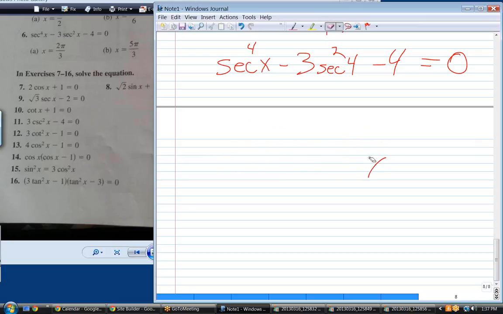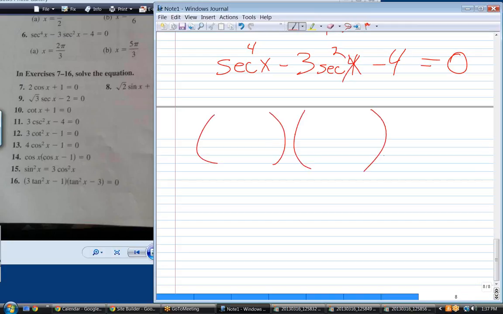Well, what's my quadratic in up here? If I said this was a quadratic, you would say it's a quadratic in what? Secant squared? Yes, secant squared x.